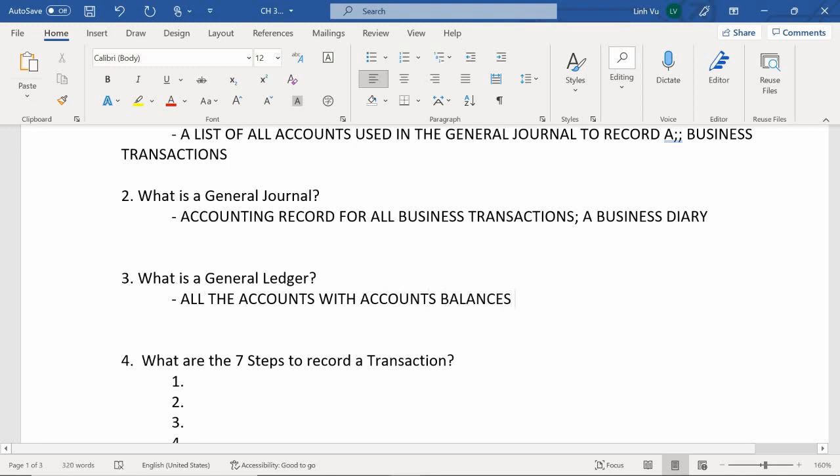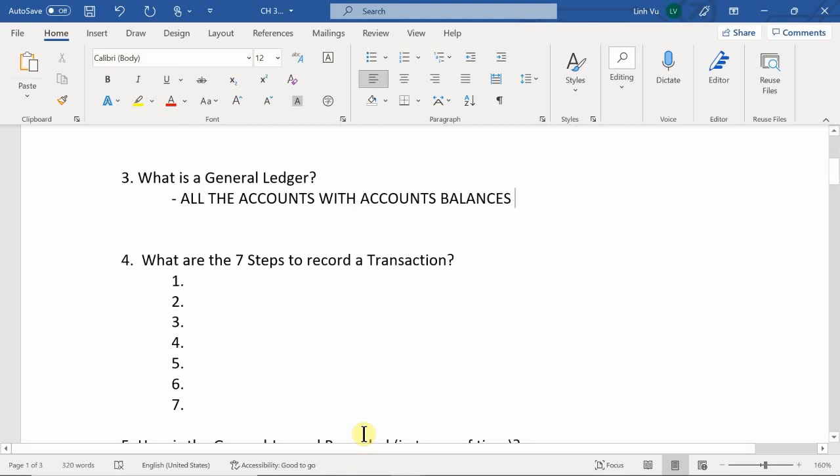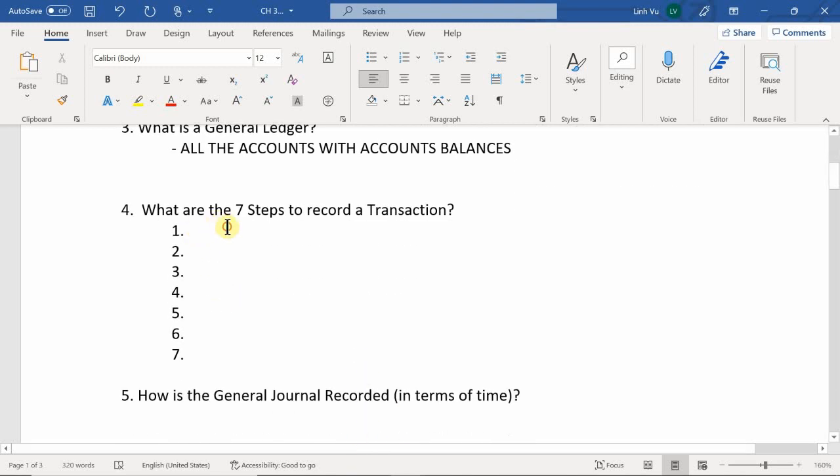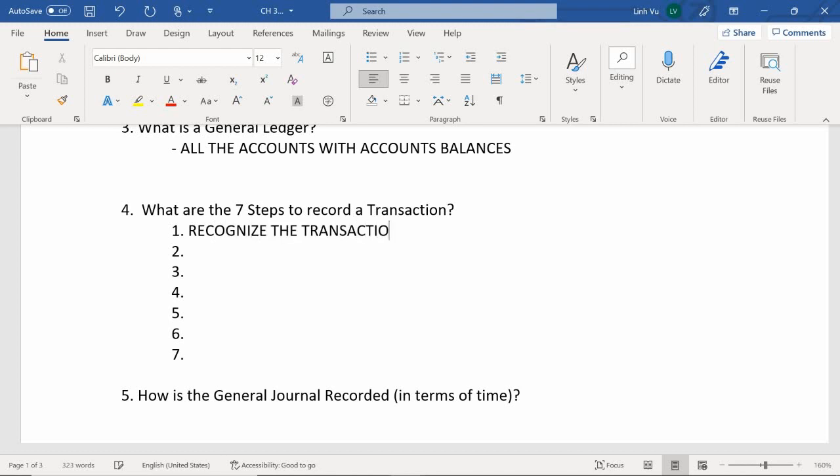What are the 7 steps of transaction analysis? So what's the first one? Recognize the transaction. Okay. What's step 2? Understand the transaction, how it affects the business. Step 3.